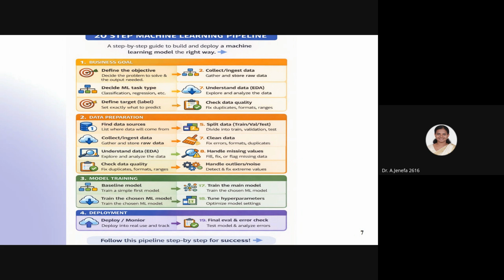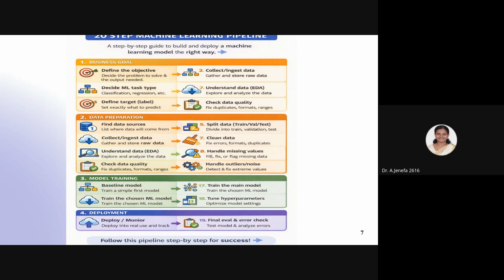All six stages in the business goal have to be completed before we proceed to data preparation. And before we proceed to model training, some pre-processing has to be done on the data. We have to check the data quality and the input label quality.